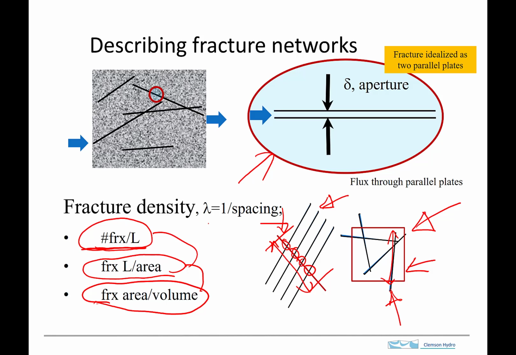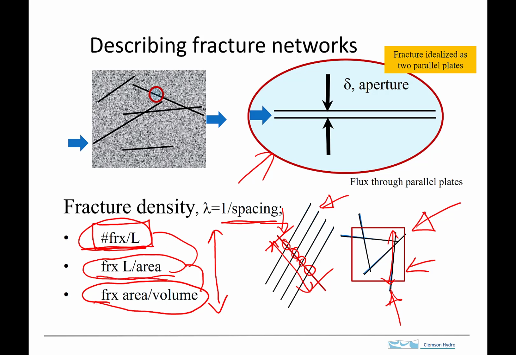Ultimately, all of these three measures of fracture density end up having the same units, as it's 1 over a length or 1 over a spacing. So you could think of it in 1D as the number of fractures per length. That has units of 1 over length.